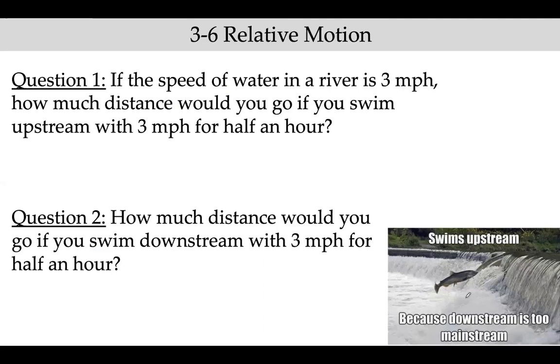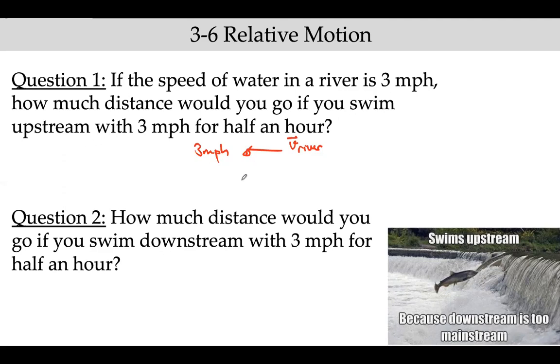Okay, here are two short questions. If the speed of the water in a river is 3 miles per hour, how much distance would you go if you swim upstream?